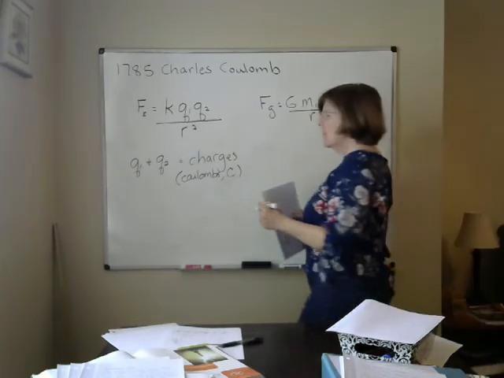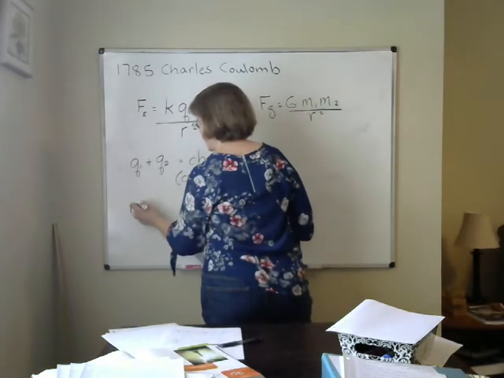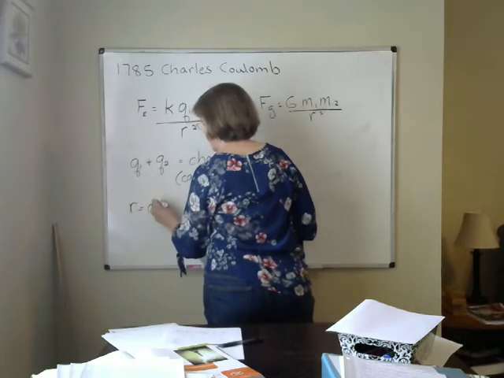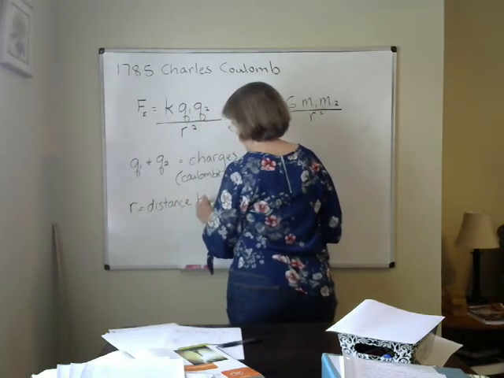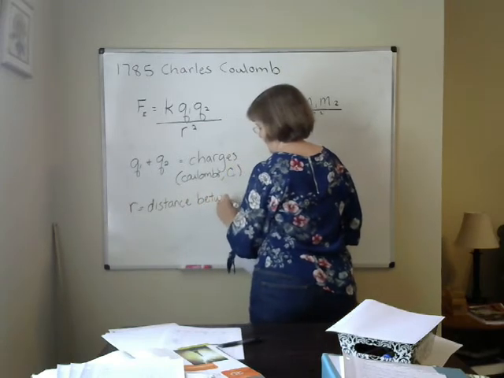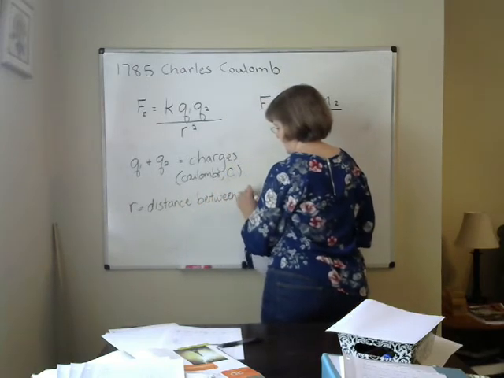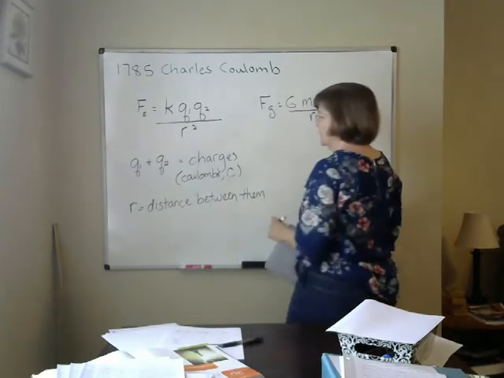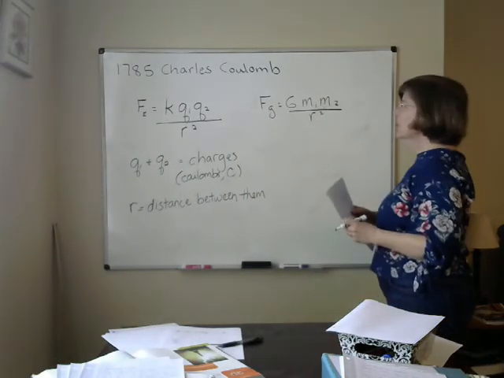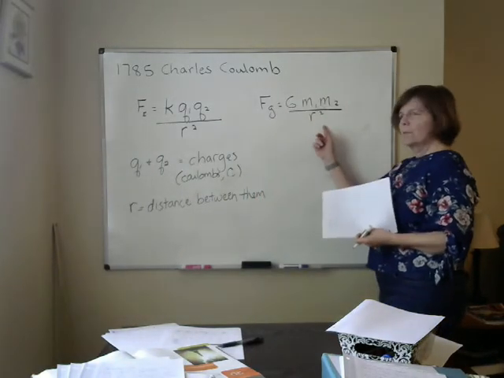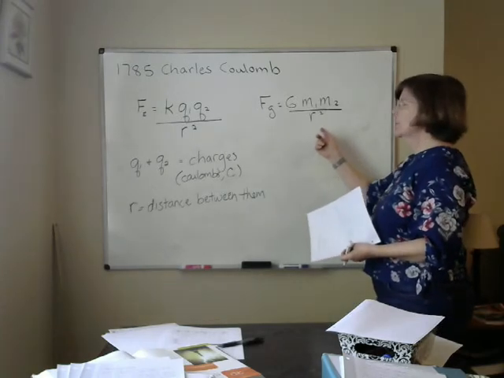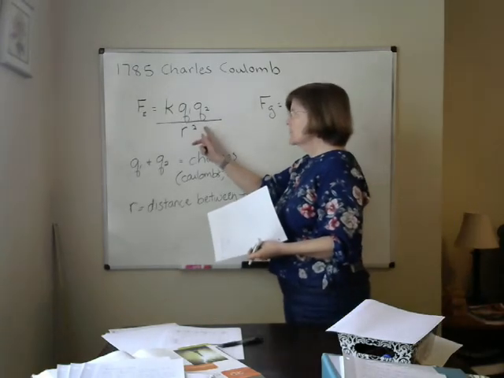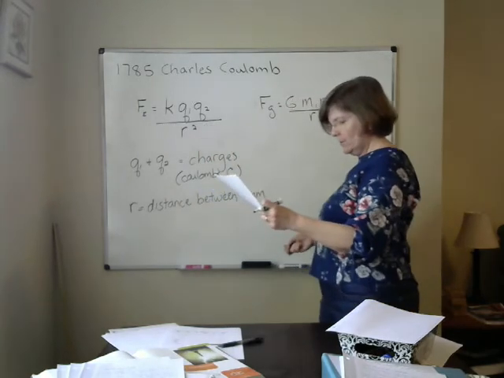And of course, R is the distance between them. Okay. Notice the gravitational force was what we call an inverse square law. It's a 1 over R squared rule. And the electrostatic force is a 1 over R squared rule.